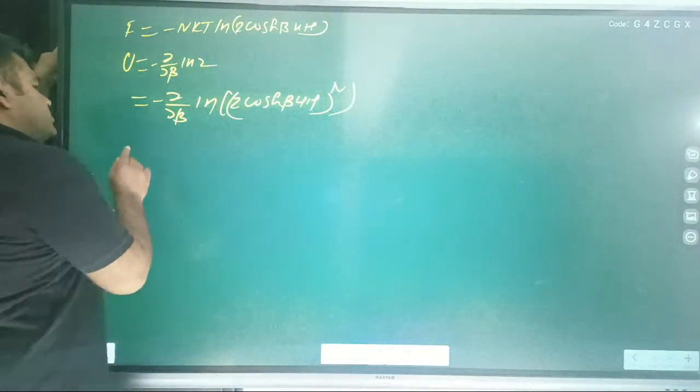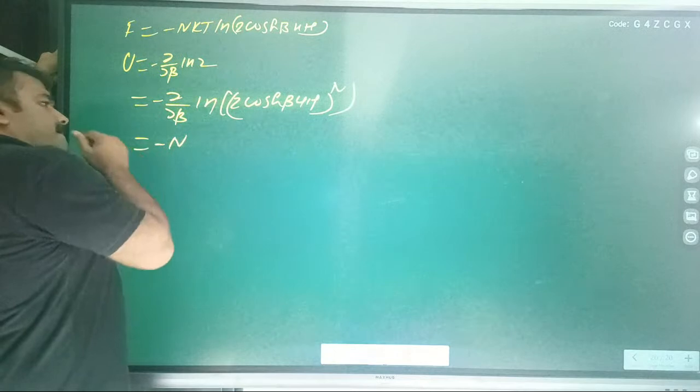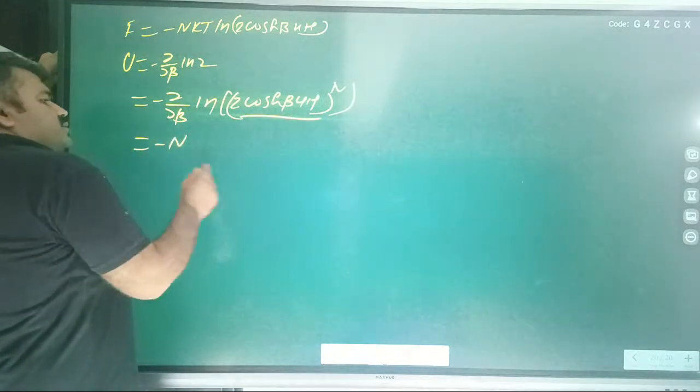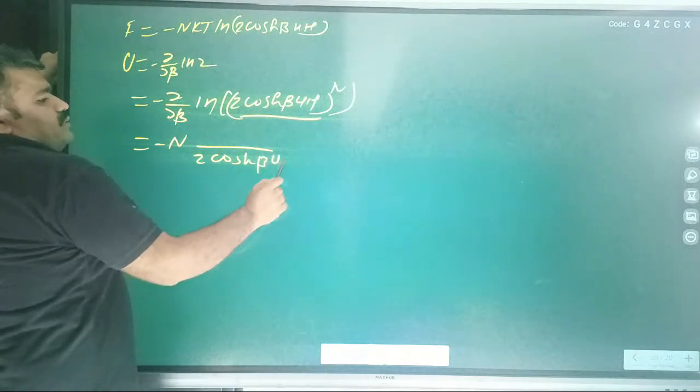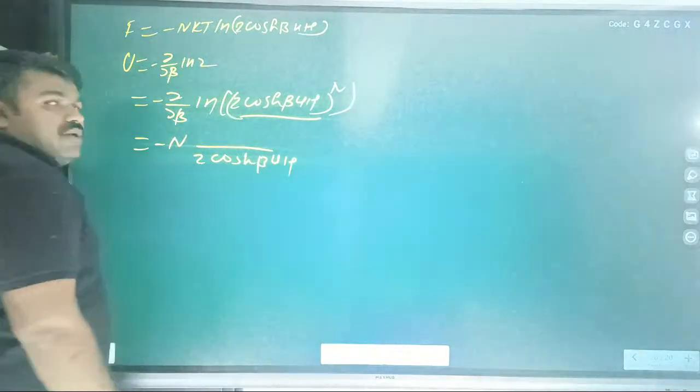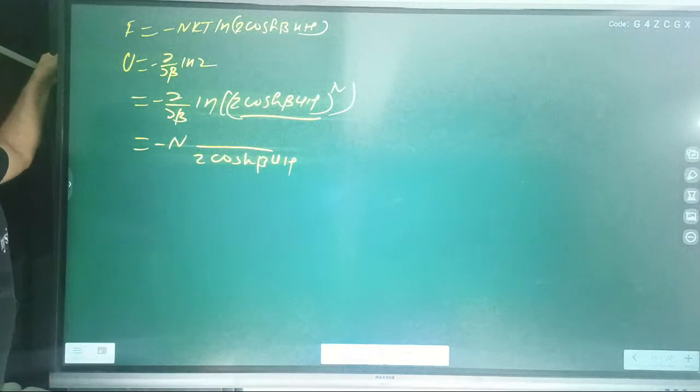This is equal to minus N times the derivative of this, which is 2 times cosh(βμh). But always memorize that the derivatives of sinh and cosh are positive.